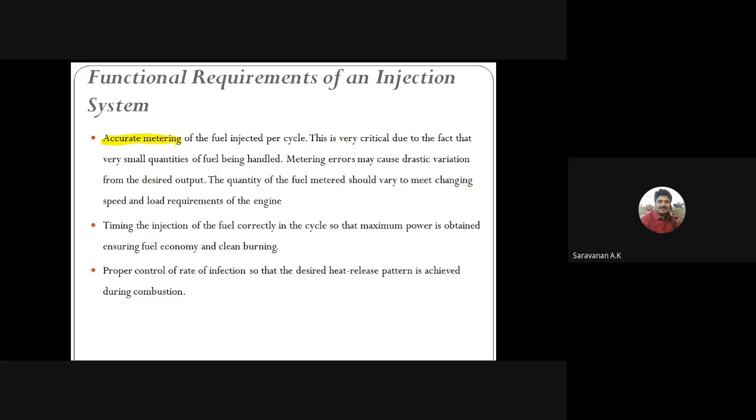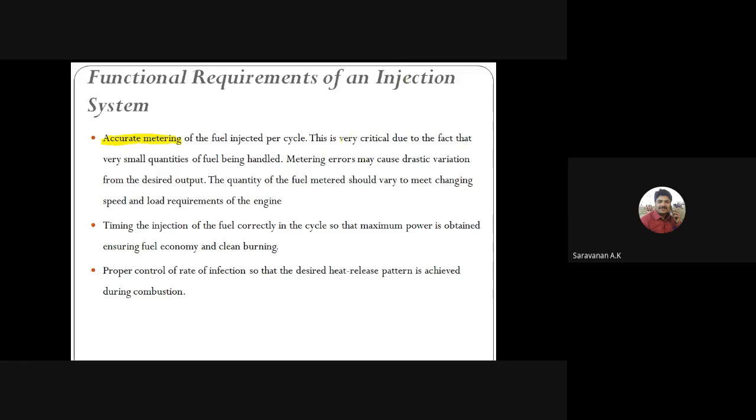But here, for every cycle we have to inject a very small amount of fuel through the injector. So the amount of fuel injected has to be measured in a proper manner. That is very critical.